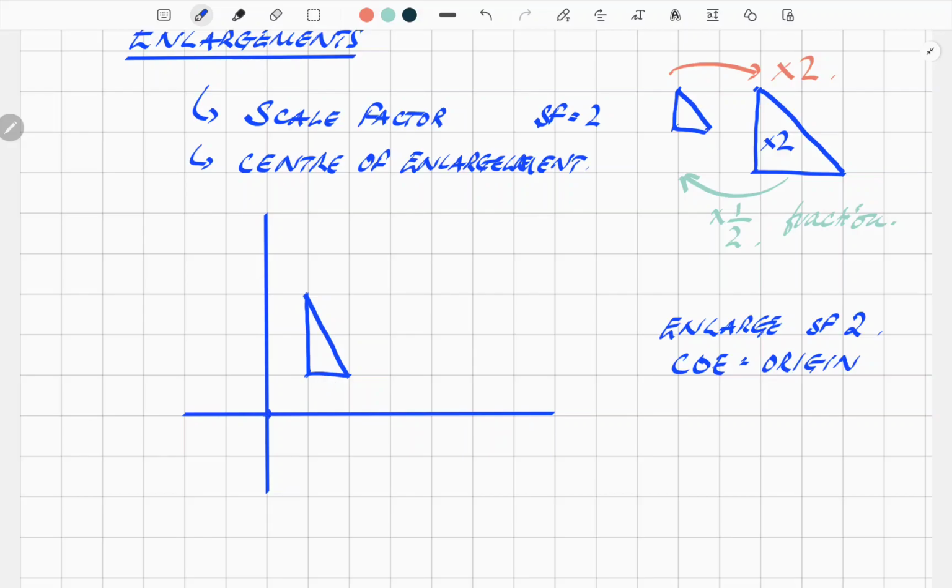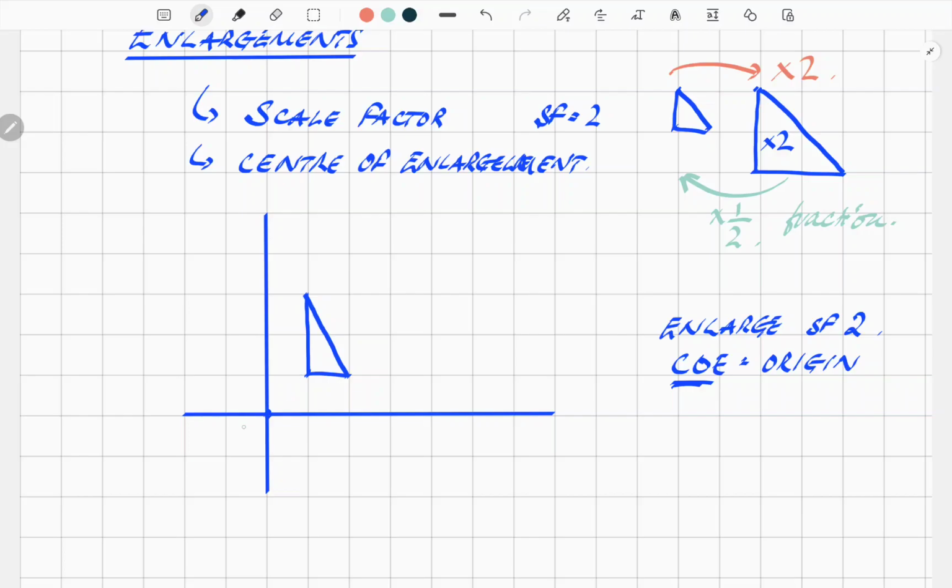So the easiest way to do this is as follows. From your center of enlargement, do a dotted line or a straight line in pencil on your graph, connecting to a particular corner. It doesn't matter which one. You end up doing at least 2.